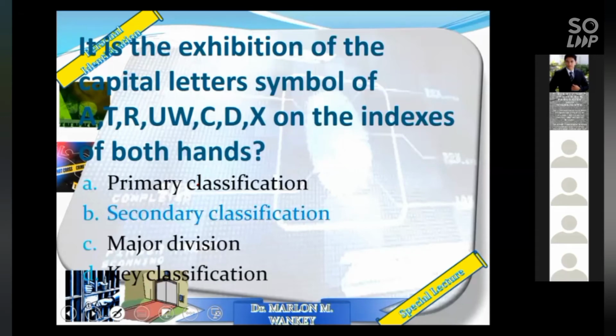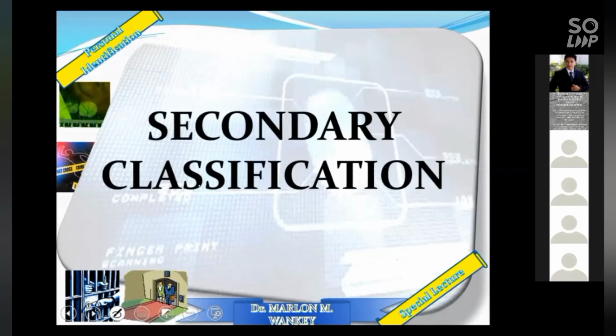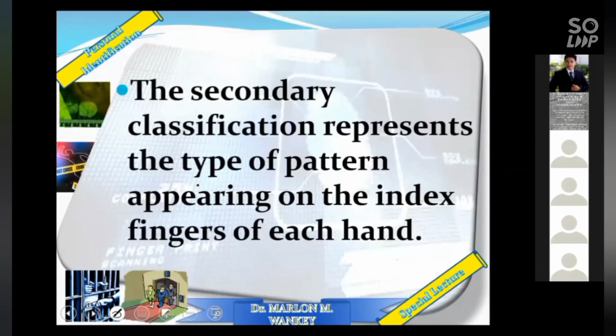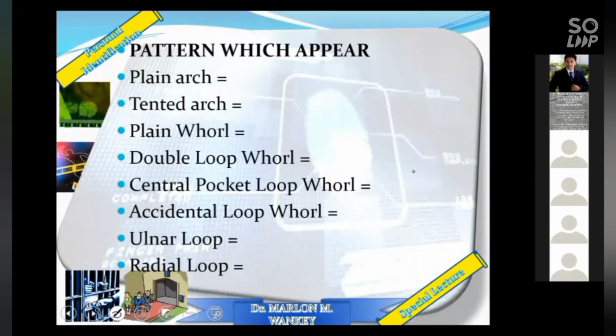Secondary classification. Now, let us talk about secondary classification. The secondary classification represents the type of pattern appearing on the index fingers of each hand. Remember, it is the index fingers. Now, let us know the symbol of each pattern.